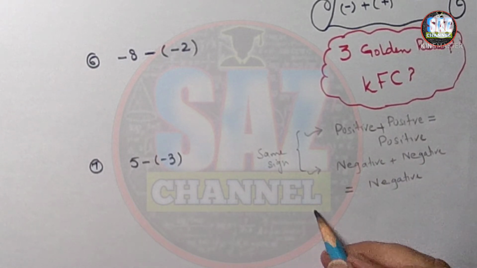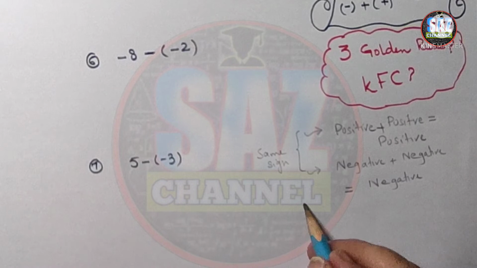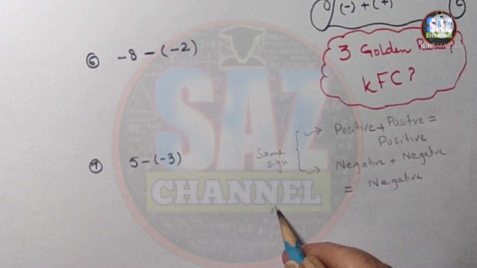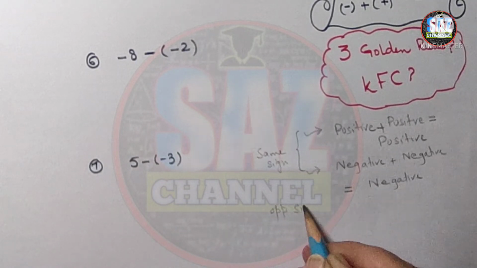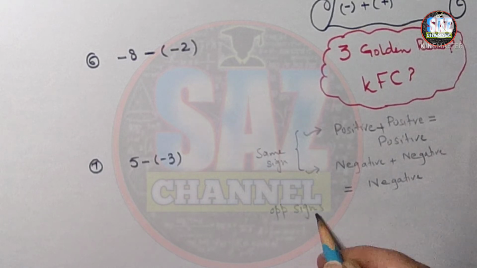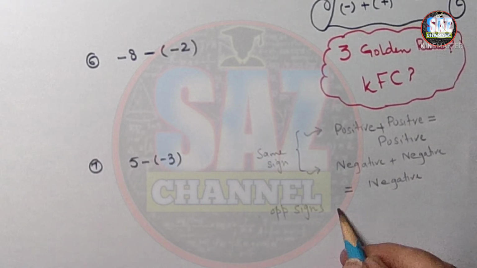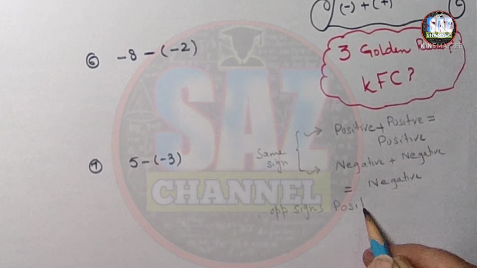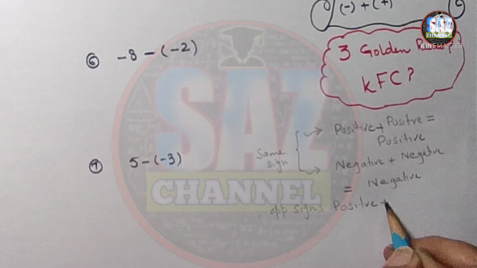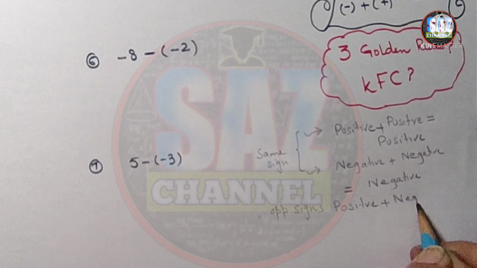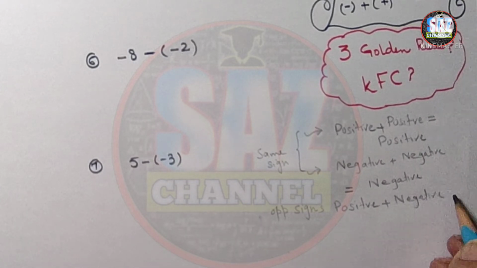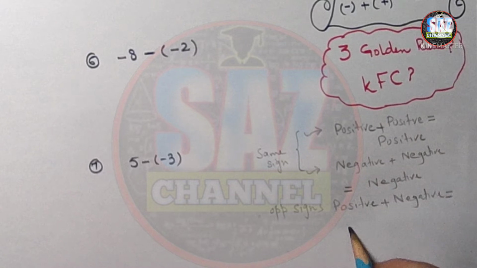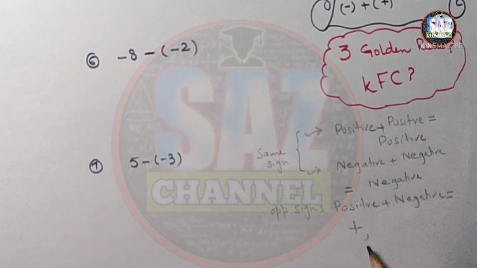And the third one is that opposite signs or different signs. In that case, recall what we were doing, that can be positive plus negative, or that can give us either answer positive or negative.